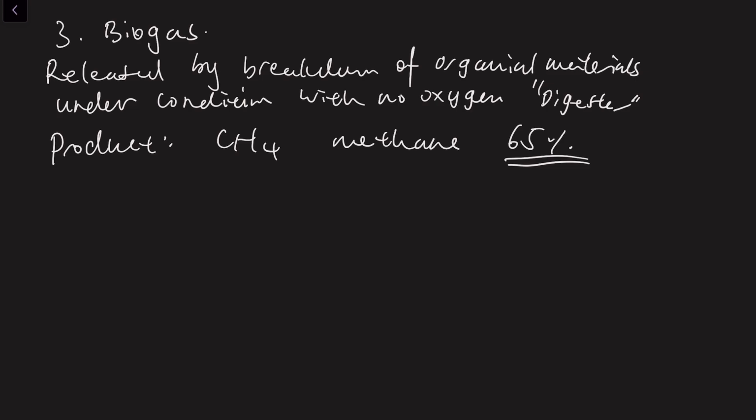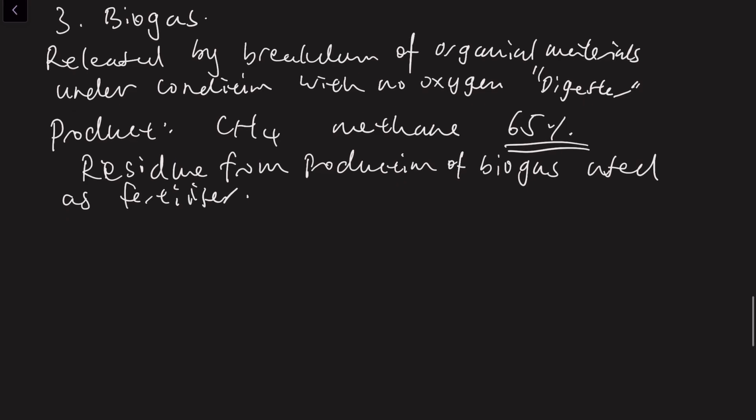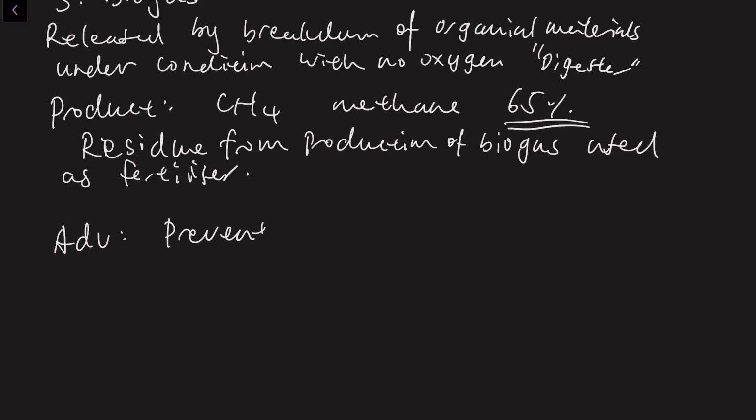And another good point is that the residue from the production of biogas can be used as fertilizer. So it has a double use in this case. So the advantage is that this process prevents methane gas from being released into the atmosphere.